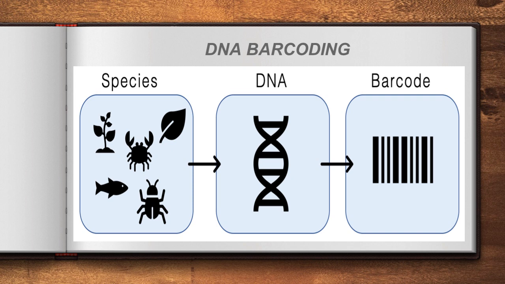The same technique is applied to DNA also. Whatever species we take, the cells of every organism consist of DNA, and DNA consists of DNA bases, right? So the details regarding the particular DNA are given in the form of barcodes, like a product.